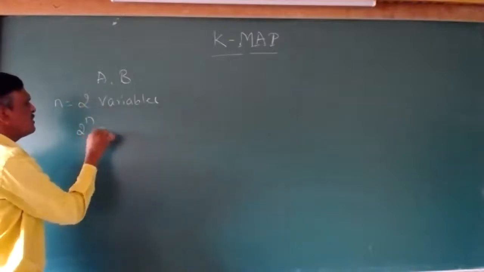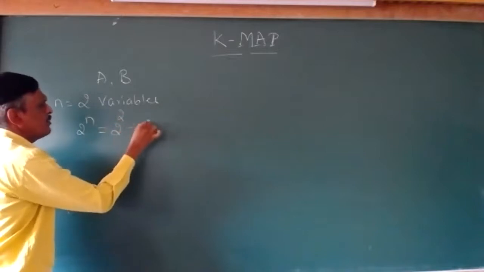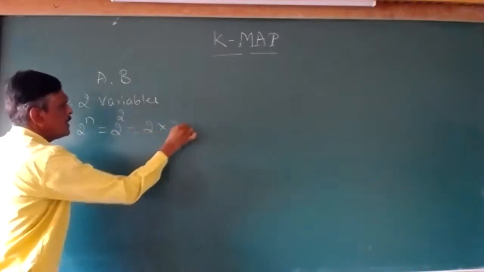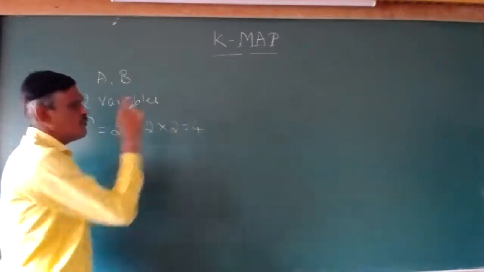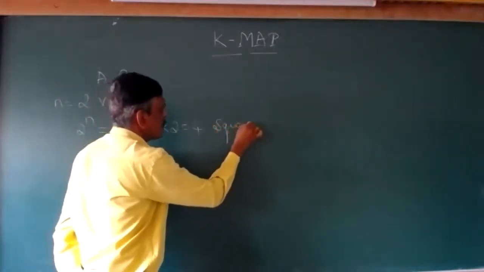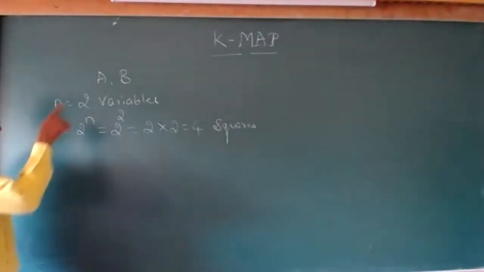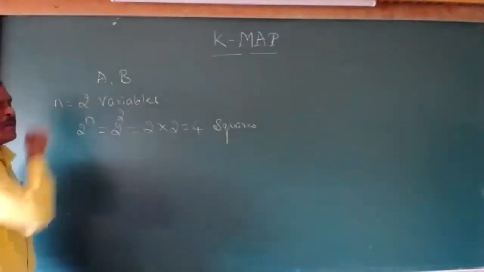So 2 squared is 2 into 2, that is equal to 4. What is this 4? This is 4 squares. The 4 squares are required to represent a 2 variable K-map.